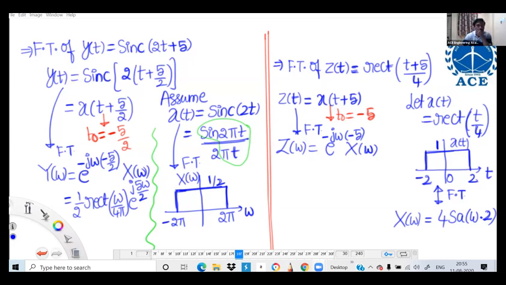Hello, sir. I have two problems. There is a statement: for an LTI system, cos omega naught t can be treated as an eigen signal. Is it true? It's not false? It is 100% eigen, because cos may become sin also, but they are treated as eigen functions. I am going to discuss that point in Laplace for 1 hour, only those cos and sin examples.